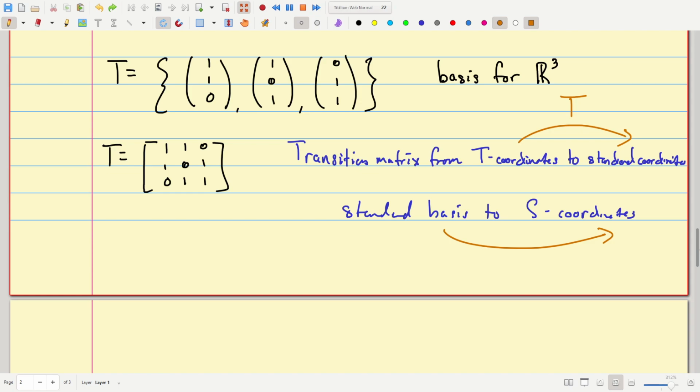So if I want to go from T coordinates to S coordinates, I should go from T to standard and from standard to S, which I do by S inverse T, right?